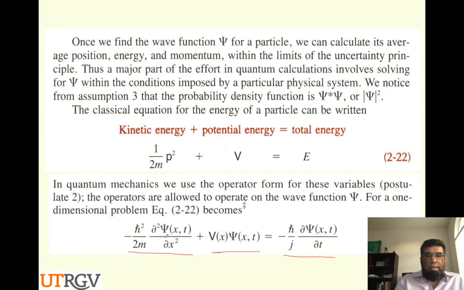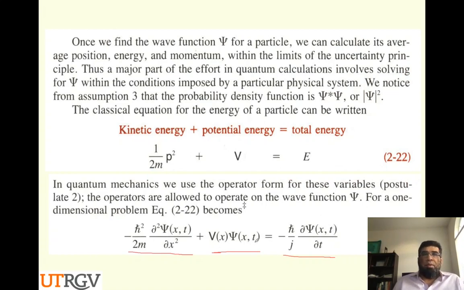This is nothing but what we saw before, that we have the psi function, the wave function. Now it depends on both x and t. So we take the partial derivative in one dimension with respect to x and with respect to t, applying the operator at the front. Here again, for energy, we apply the operator, but now with respect to t.